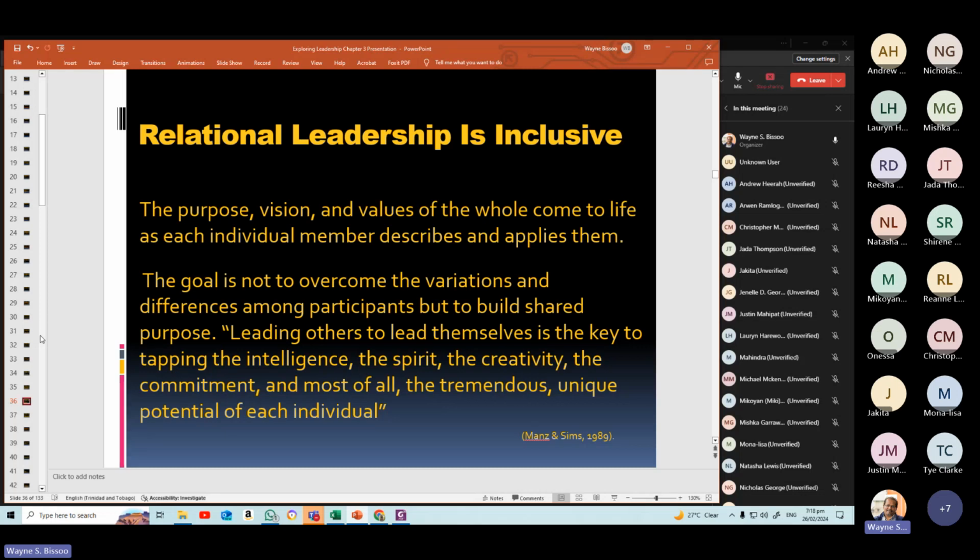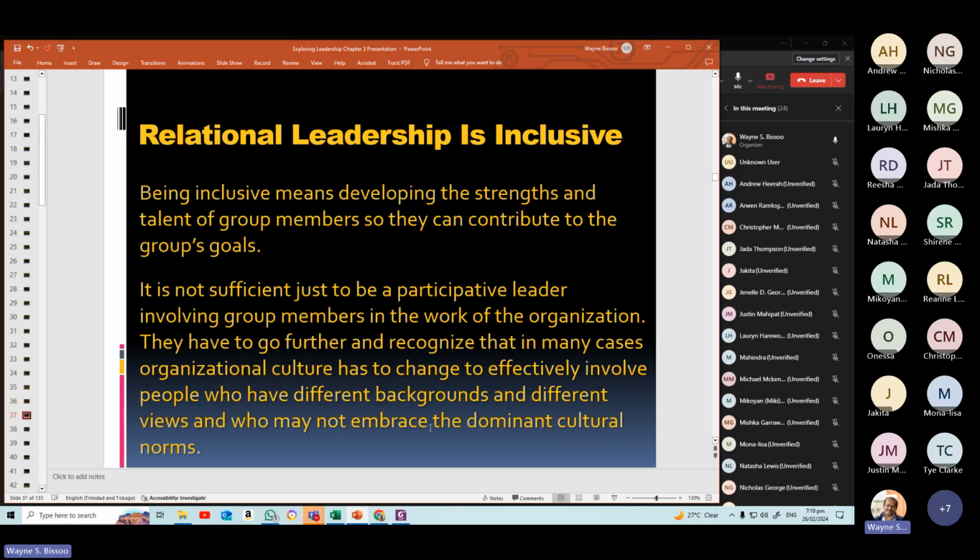So, leading others to lead themselves is key to tapping the intelligence, the spirit and creativity, the commitment, and most of all, the tremendous unique potential of each individual. That's what we're trying to do when we're being more inclusive. Now, getting past the differences, we are all trying to work towards one particular goal once we're in this organization together, and that inclusivity means we don't belittle their contributions.